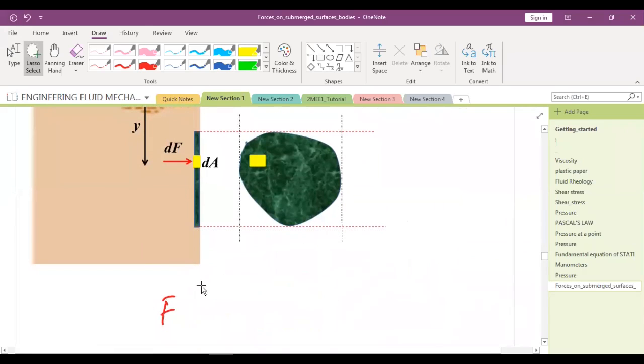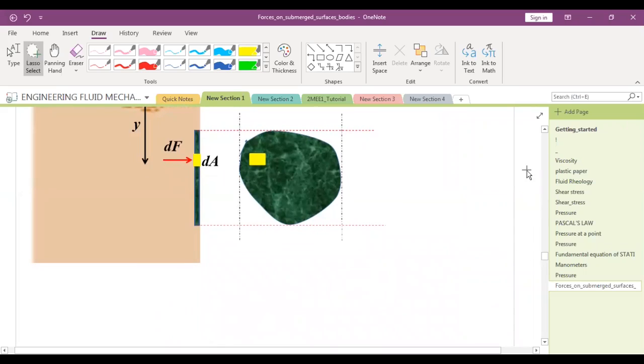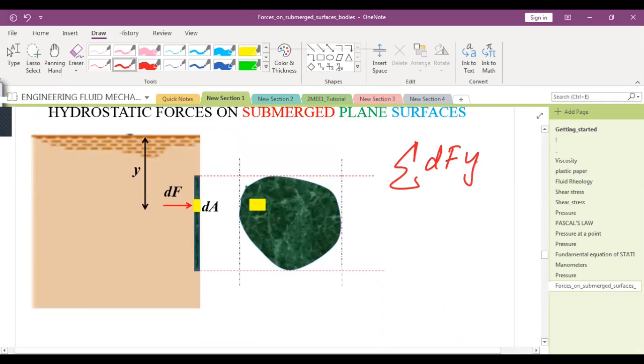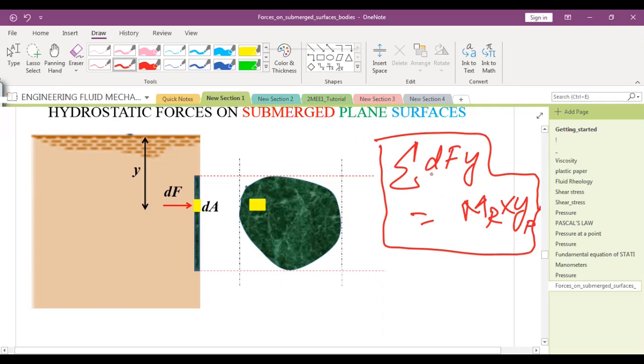Using the theorem from statics, that is sum of all moments is equal to the resultant moment into the point at which that is acting. So I'm using this theorem where sum of moments due to differentially small forces is summed up or integral is taken. So you equate this equal to the resultant force into yp.